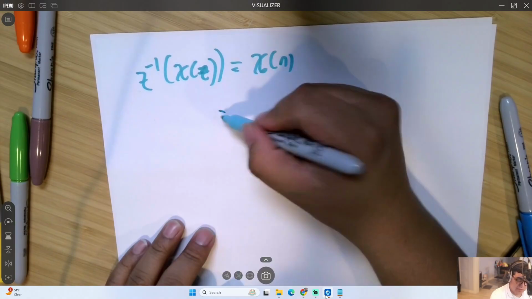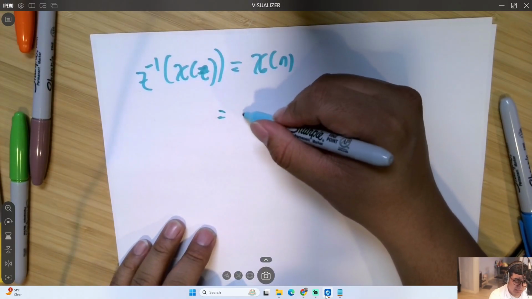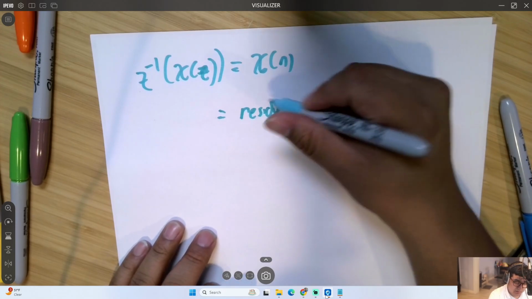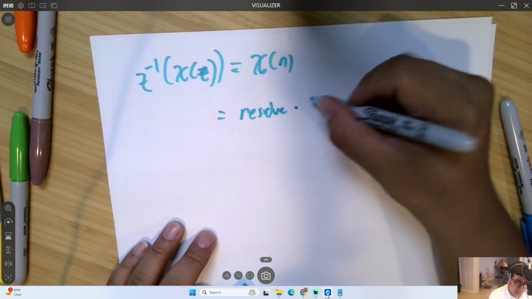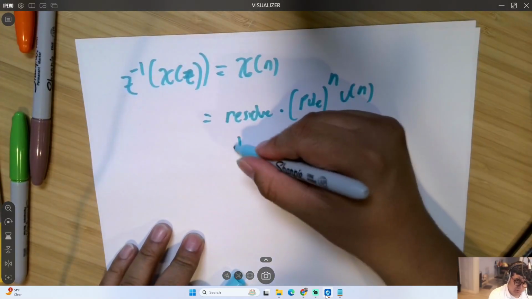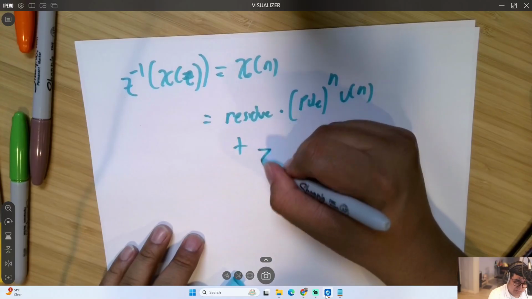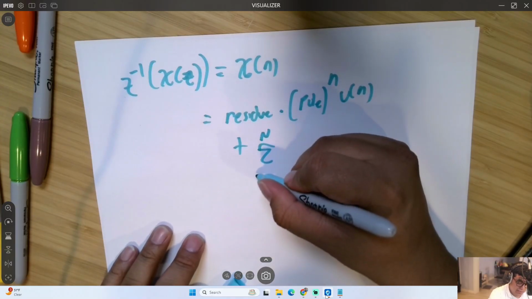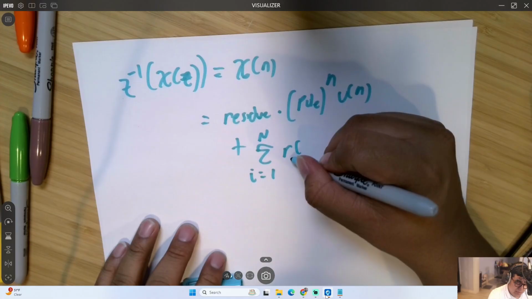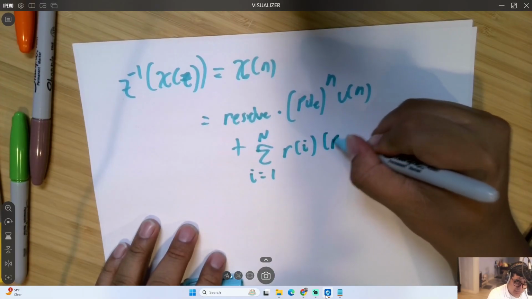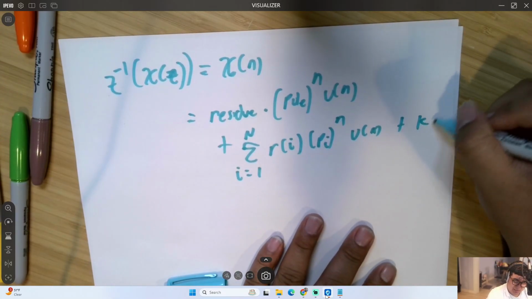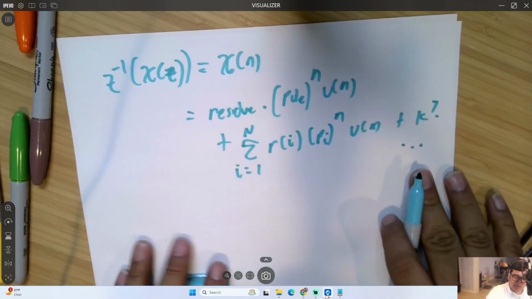You can write any general signal in terms of a residue, some pole, and then the pole to the n times u of n, plus the summation from i equal to 1 of r of i, p of i, n u of n, and then there are plus k's, but don't worry about that.